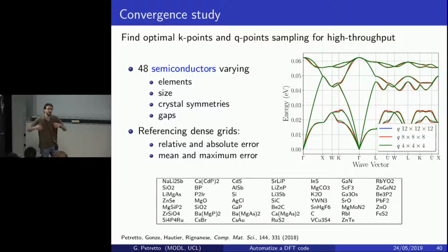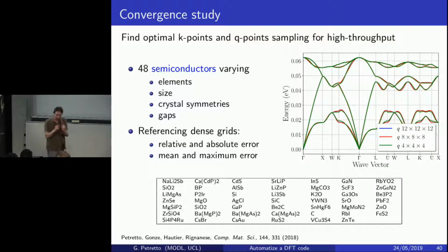We took a very converged calculation with high Q and high K grids that are definitely converged, and then ran all the calculations with smaller grids and did all sorts of statistics on the mean error, maximum error, relative error, absolute error.